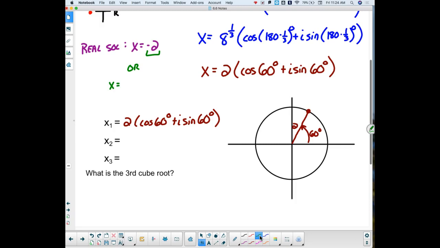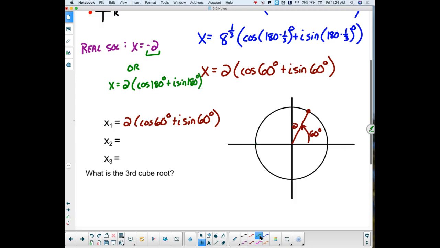Would it be -2 though? It'd be +2 because our values are positive. Yep. So it'd be 2 times the cosine of 180 degrees plus i times the sine of 180 degrees.